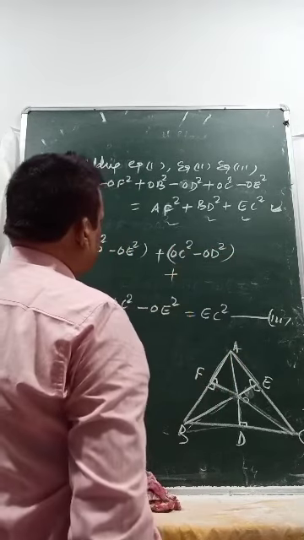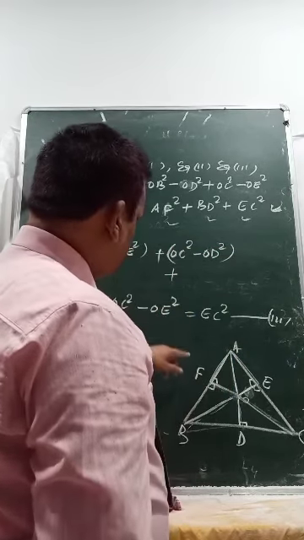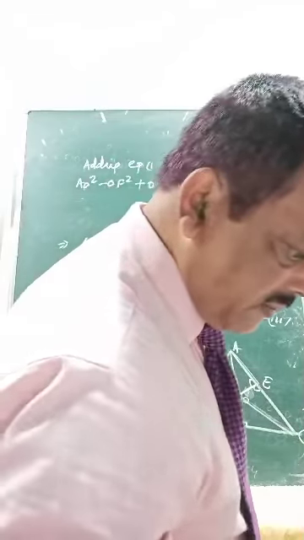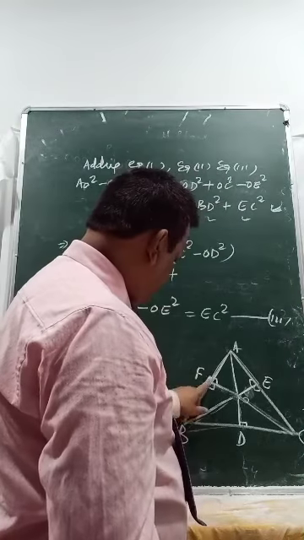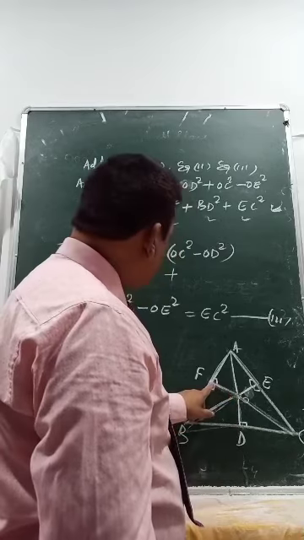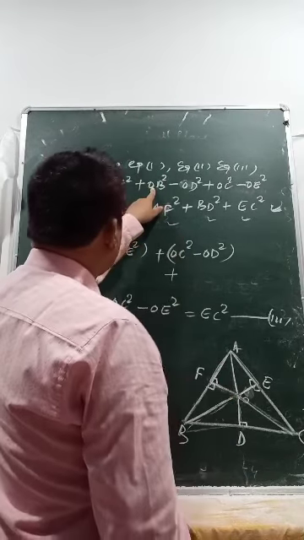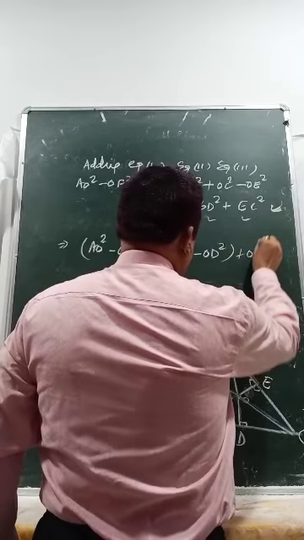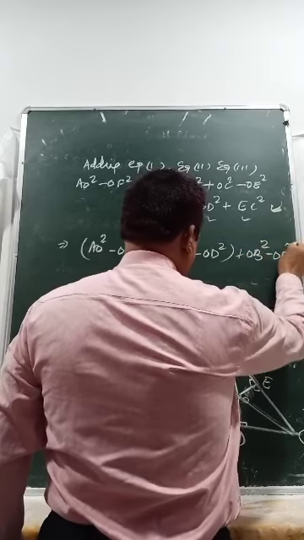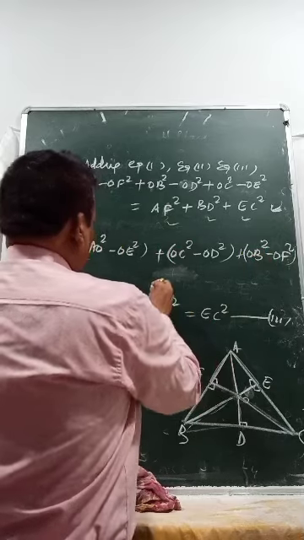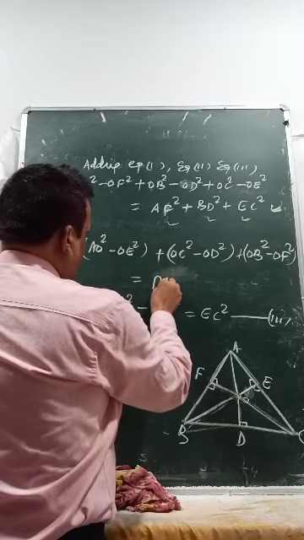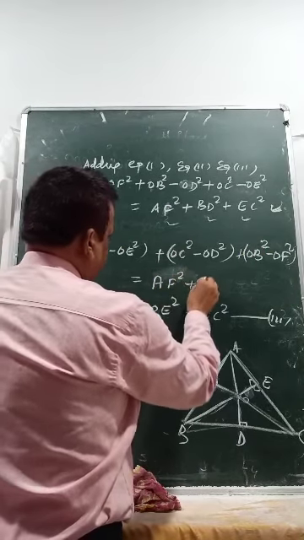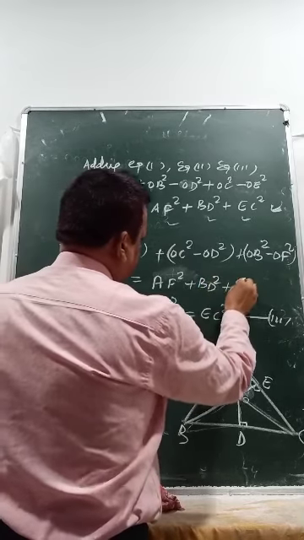Then what you need is BF square. BF square is equal to OB square minus OF square. Equals AF square plus BD square plus EC square.